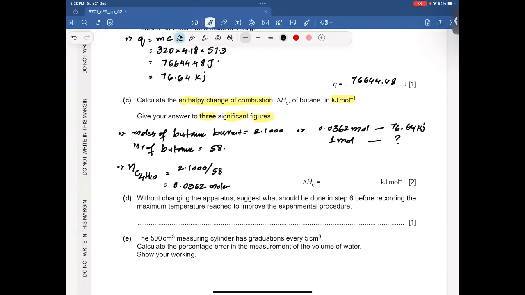So when we use 1 mole of butane, 76.64 divided by the answer, you will get 2116.72 kilojoules per mole. Hold on. 76,644.48 divided by 1000.